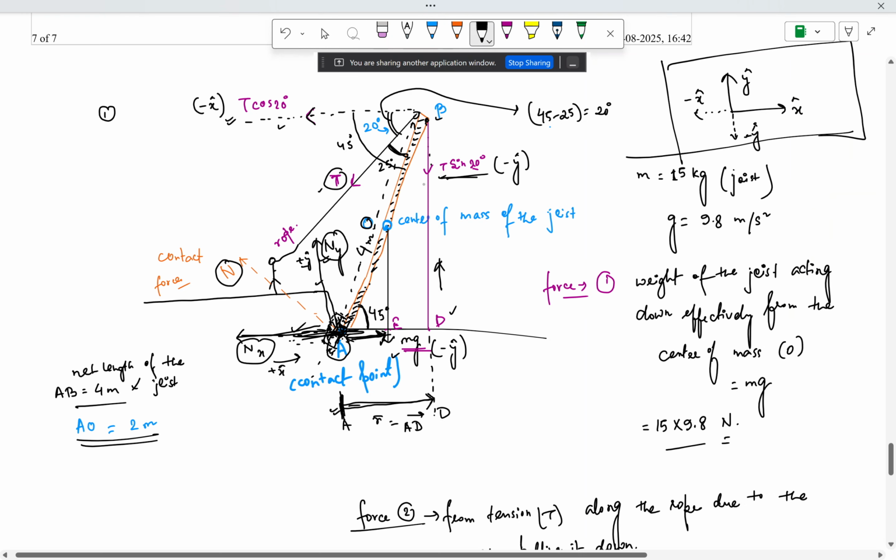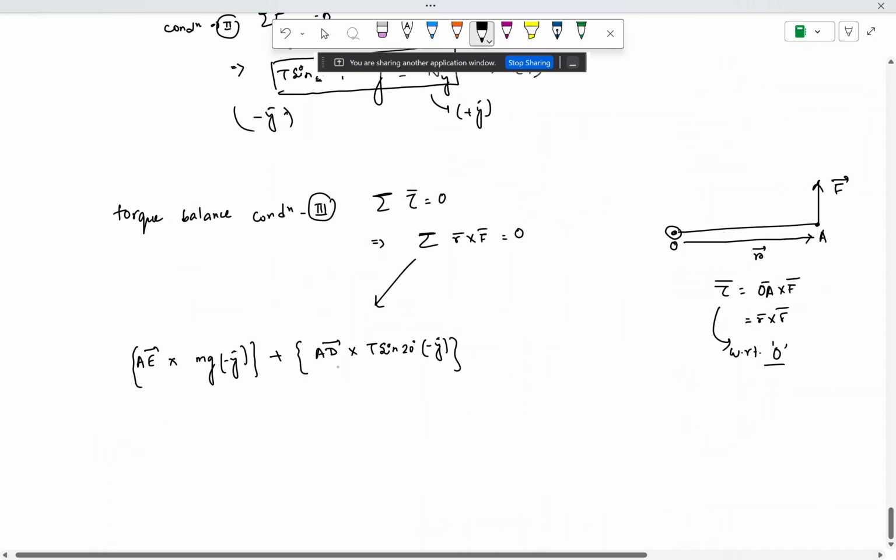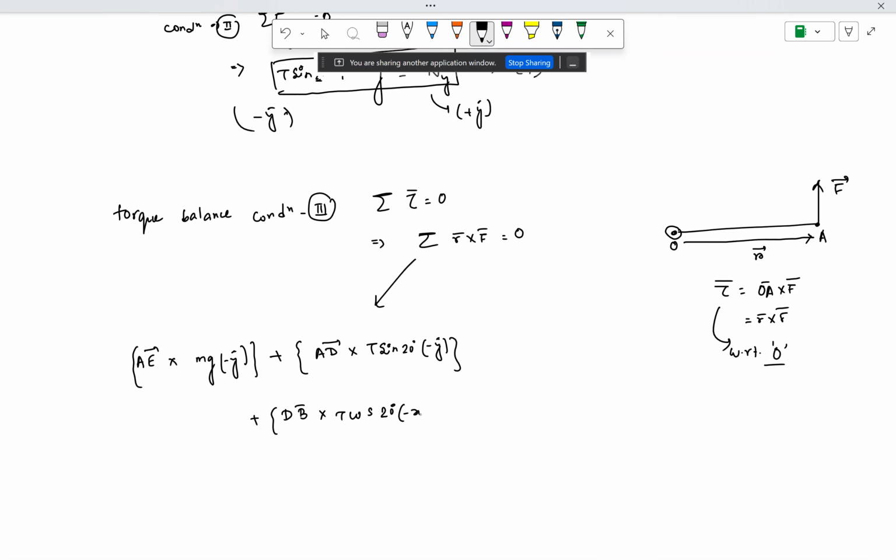Then there is plus T cos 20 degree, right? And the vertical distance is D to B. So it is plus DB vector cross T cos 20 degree minus x cap. This whole thing is equal to 0.